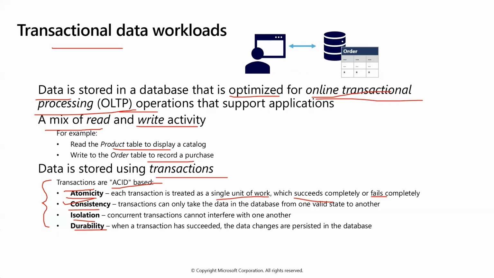There is no midway where one person sees that the amount has been removed and the other sees that the amount has not been credited. If there are concurrent transactions, they should not be interfering with each other. If you have debited from here and you're crediting it over there, even if others are simultaneously checking the balance, it has to be isolated from each other, right?